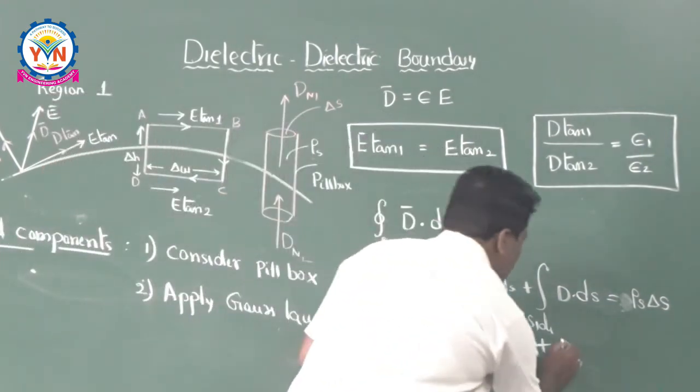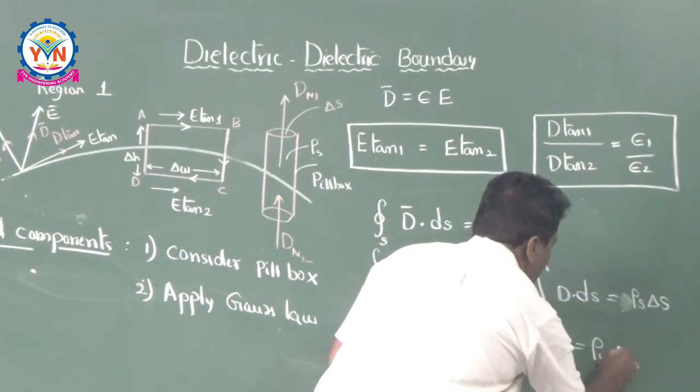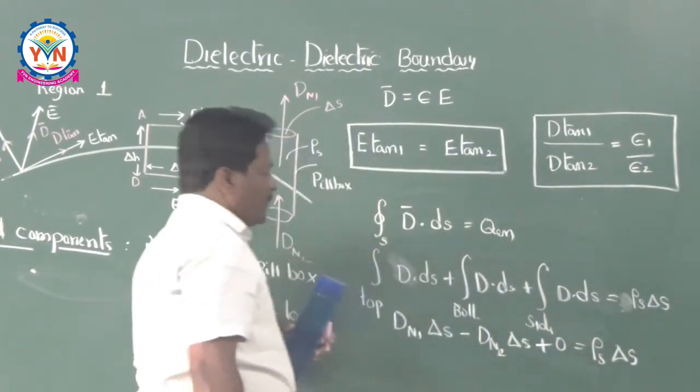So that is 0, equal to rho s into delta S.